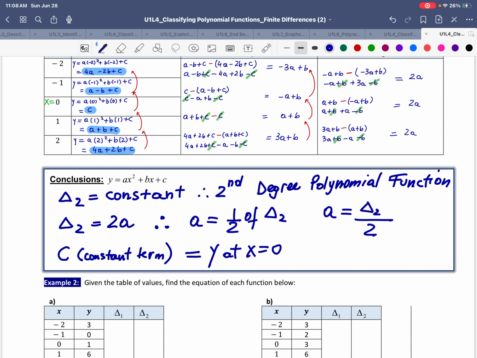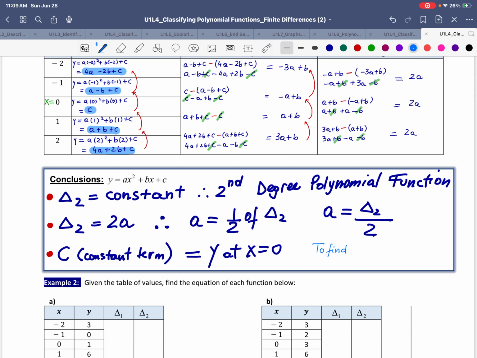Now, obviously, we need information about coefficient b as well. And there are patterns that we can actually use and discover in this case. But I think that the most practical one would be to simply use any point from the table of values and determine the value of b. So to find the value of b, I'm going to write a note in here.